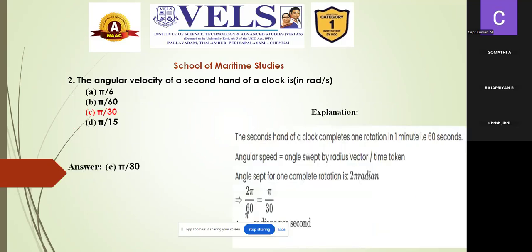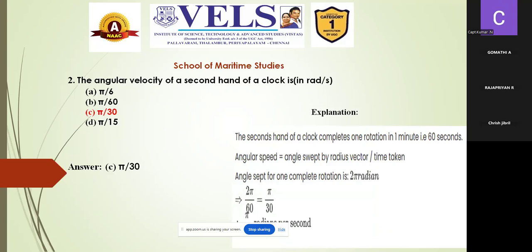The second question is, the angular velocity of the second hand of a clock is. What is angular velocity? Angular velocity is defined as the rate of change of angular displacement, angular displacement per time. The second hand of a clock completes one rotation in 1 minute, which means 60 seconds.